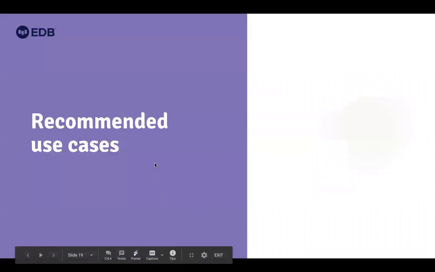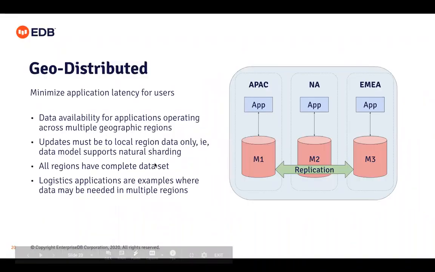One thing I did want to talk about is a couple other recommended use cases that we have. One that we see our customers faced with is what we call a Geo-Distributed multi-master replication scenario. In this situation, looking at this simplified picture, we have an application that's operating in multiple regions.